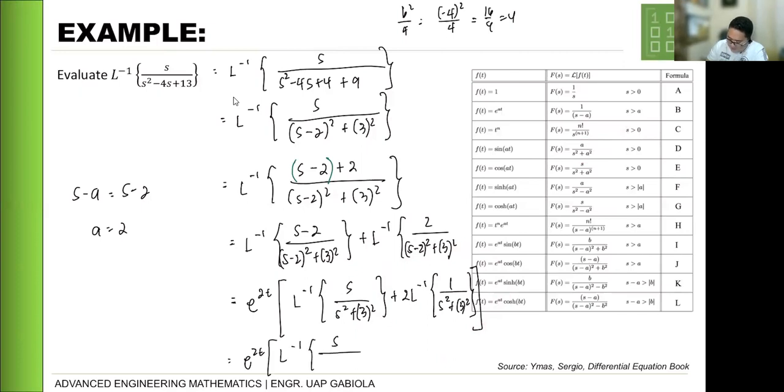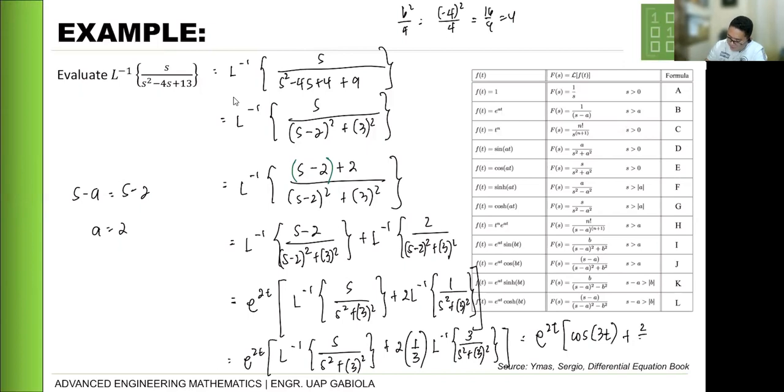That can easily be changed to cosine later. But here it will be 2 times 1/3, because we assume we have put inside the 3 that is now in the numerator. Okay? Plus 3 squared. Then when we simplify, this will be e to the 2t multiplied by cosine of 3t plus 2/3 of sine 3t. Okay? So this will be our final answer for this given inverse Laplace transformation.